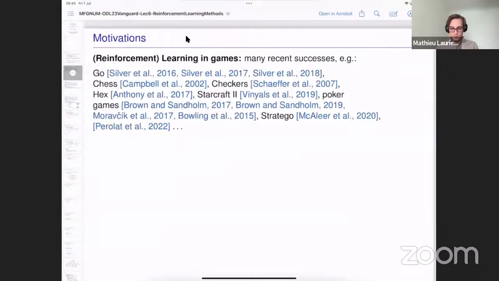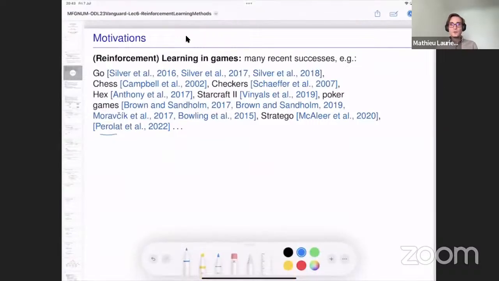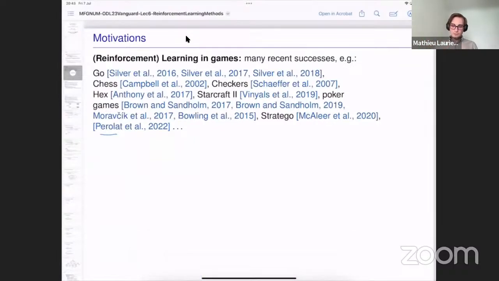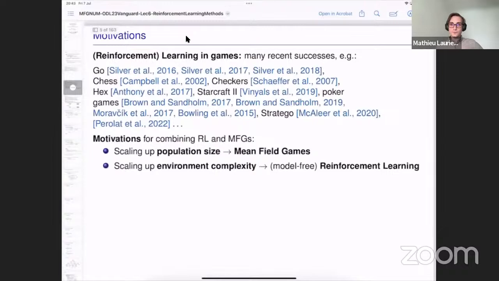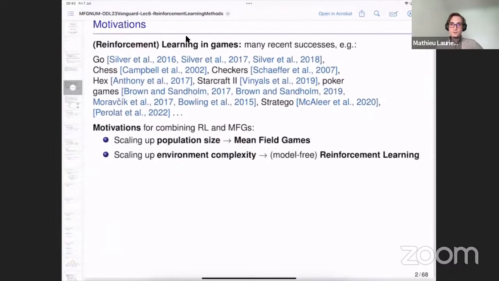Recently, there is the game of Stratego, a game where you don't have full information, so it's more complicated than Go, and there are many other improvements. Reinforcement learning is also involved in ChatGPT. So really, a lot of applications and success stories.